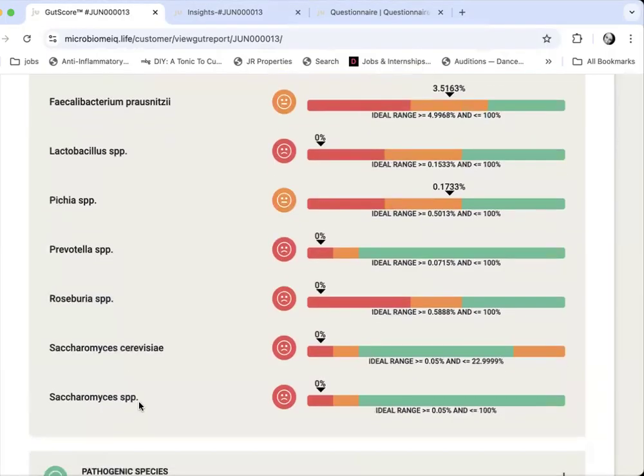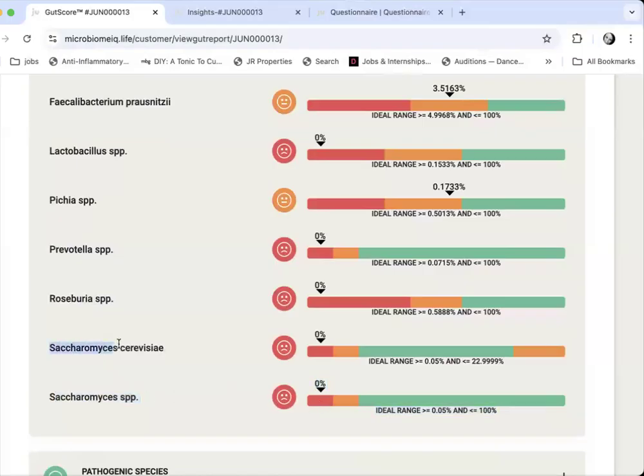For those of you that don't know, when we see this spp. following a genus name, what it's saying is we are encompassing all the different types of Saccharomyces within this bar. So this bar is telling us how much space all the different types of Saccharomyces are taking up in the gut.